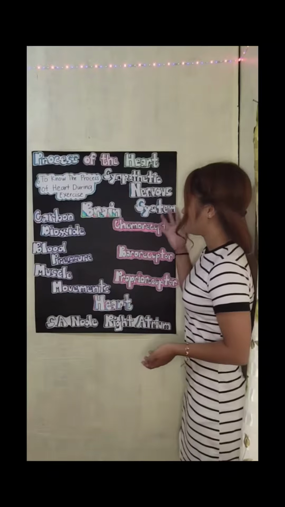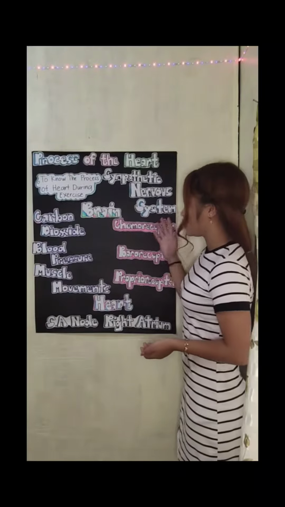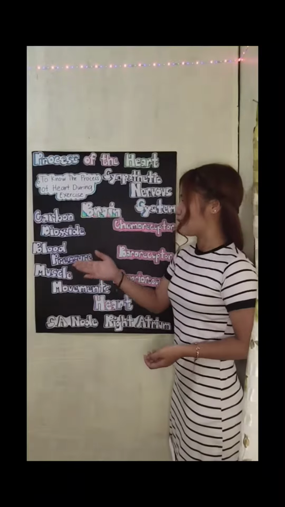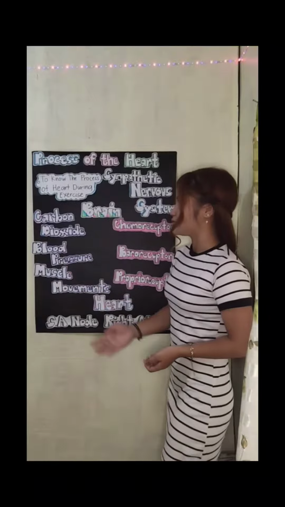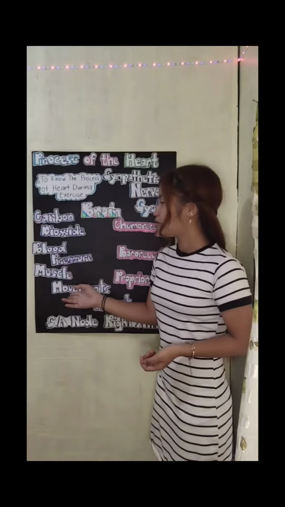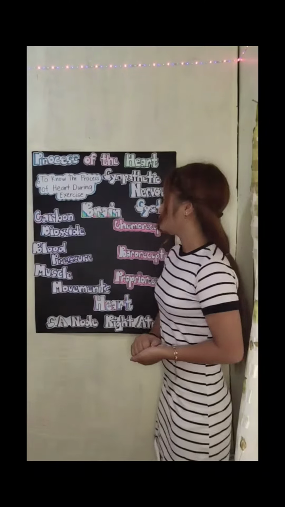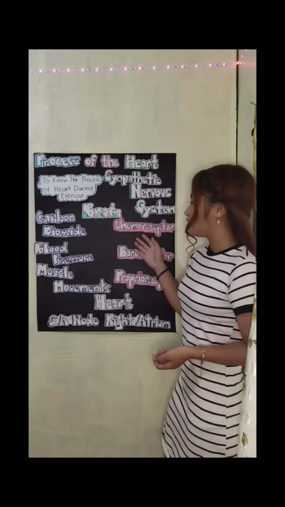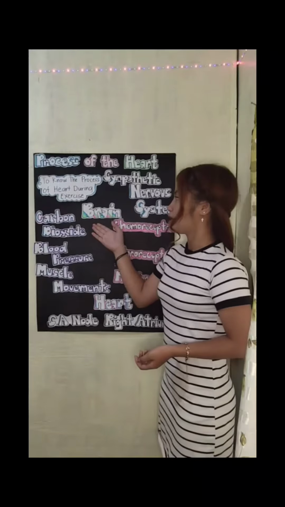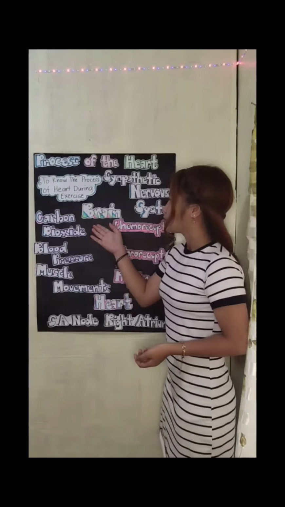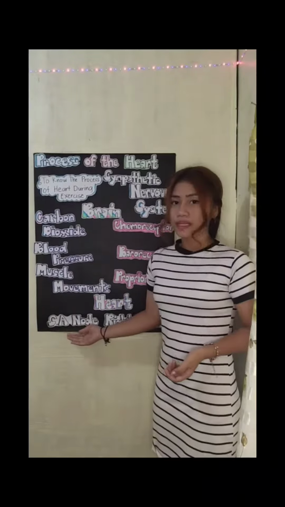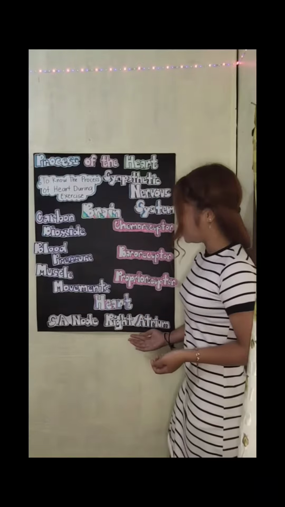These are the receptors, and these 3 receptors will be the ones to detect if there are changes in our carbon dioxide, blood pressure, and muscle movements. During exercise, our carbon dioxide, blood pressure, and muscle movements are increasing, and these 3 receptors will detect it and send the information to our brain at the medulla oblongata, and our brain will send the message to our heart at our SA node, specifically at our right atrium.